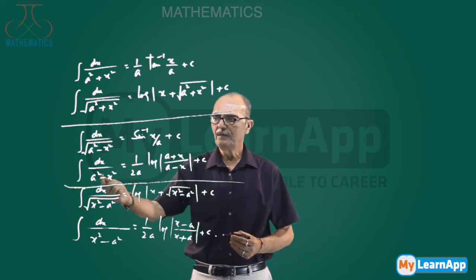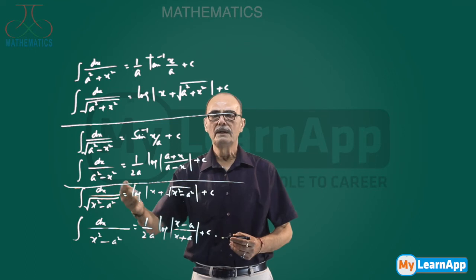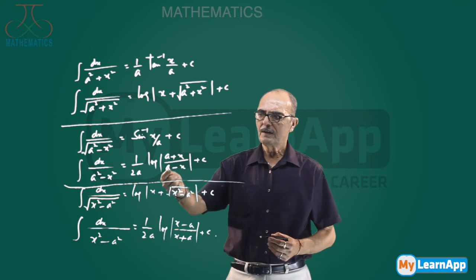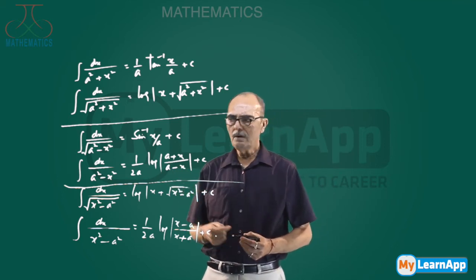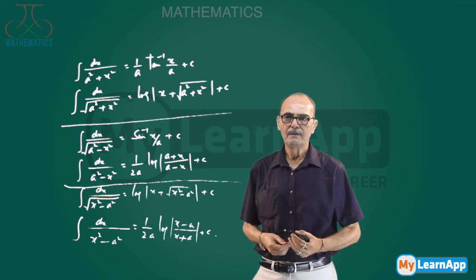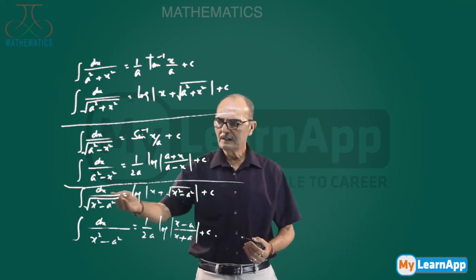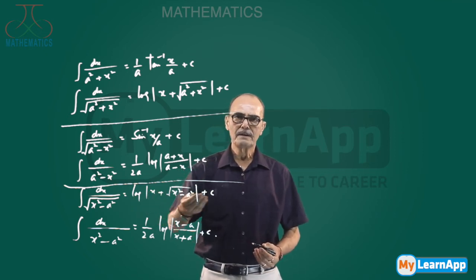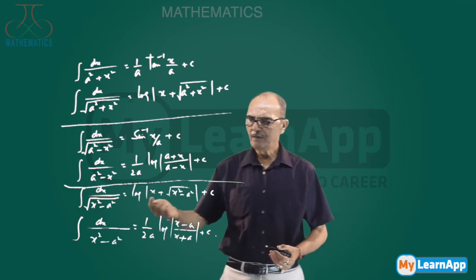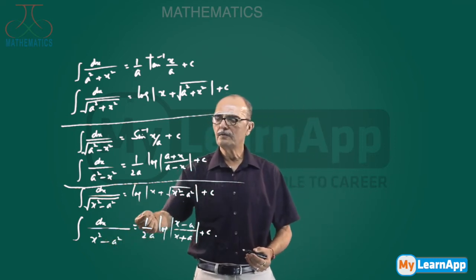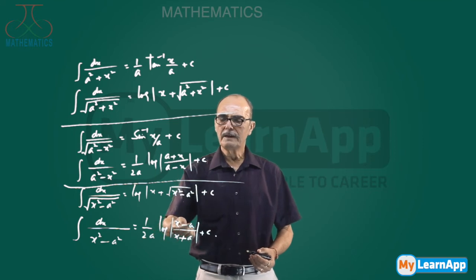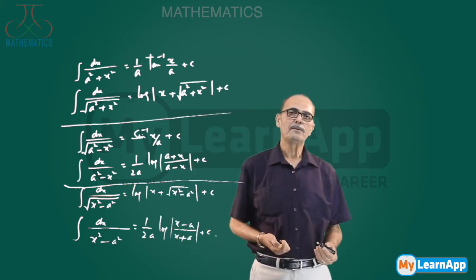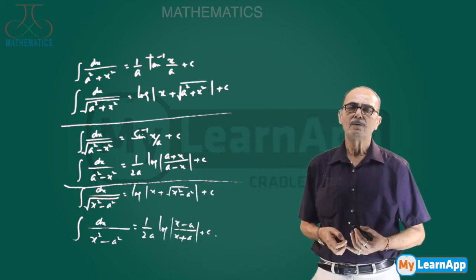And if it is a square minus x square without root, then it is 1 by 2a log of a plus x over a minus x. Now in the third category, we have x square minus a square under the root. So its value will be log of x plus under root x square minus a square plus c. And if it is without root, then it is 1 by 2a log of x minus a over x plus a plus c. So now further we make use of these formulas to solve certain problems.